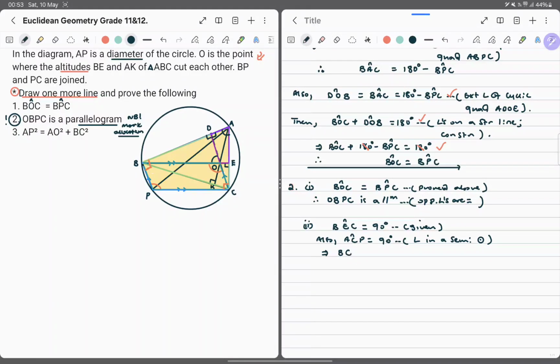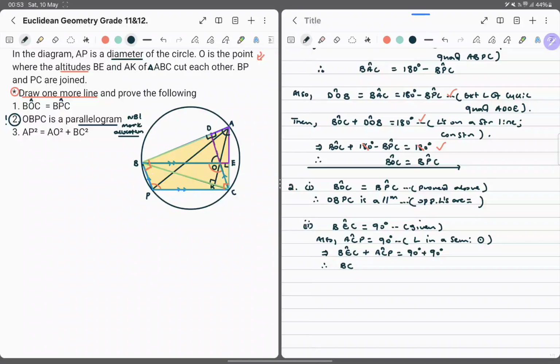We want to say BEC plus ACP is equal to 90 degrees plus 90 degrees. Be systematic, guys, don't be in a hurry.